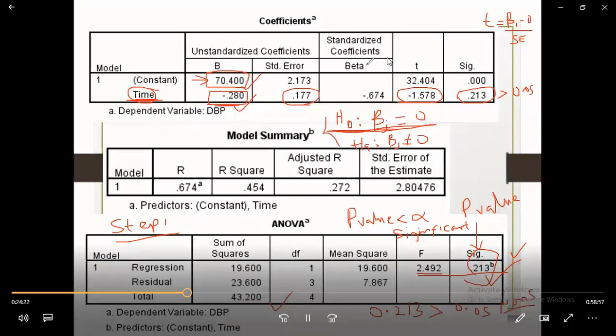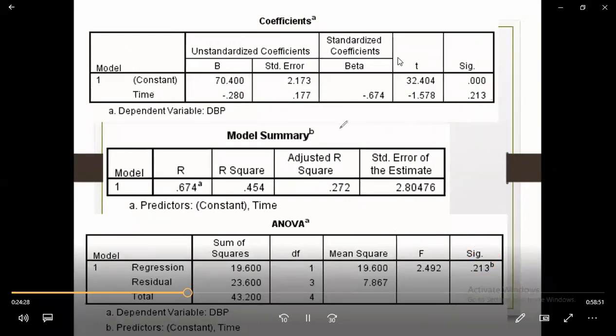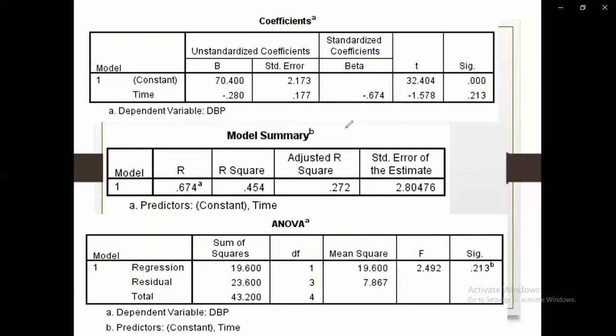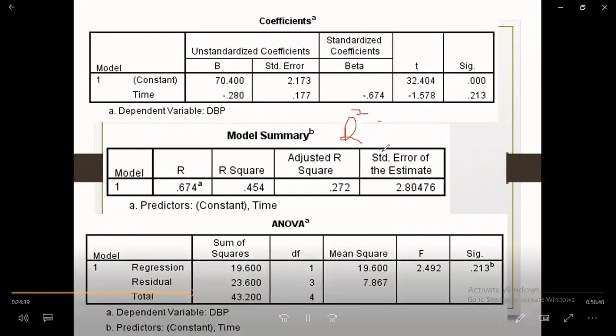Then finally, in running a model, you also need to talk about the measure of accuracy, like I said in the introduction. That is given by the coefficient of determination, which is your R square. The R square value talks about the amount of variability in diastolic blood pressure predicted by time.